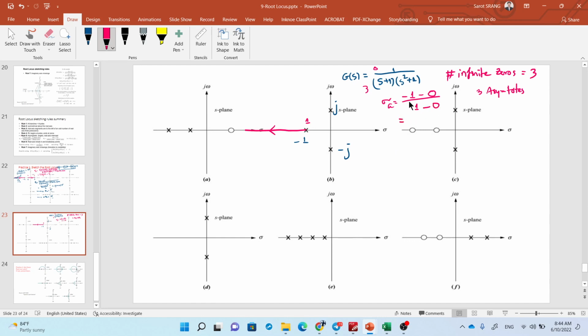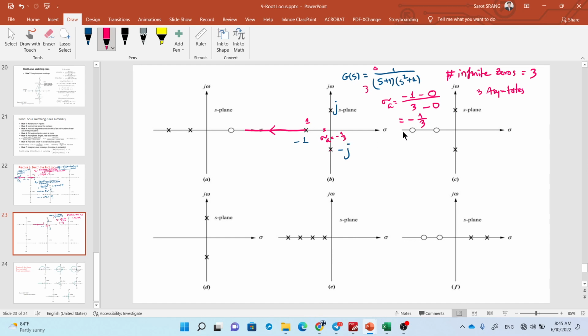So it means the asymptote intercept is at minus 1. Oh, wait. Why did I say one? How many finite poles do I have? One, two, three. We have three, sorry. So here it is minus one third. So the intercept at minus one third is here. Okay.